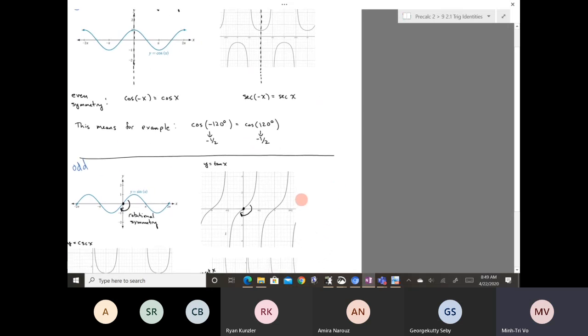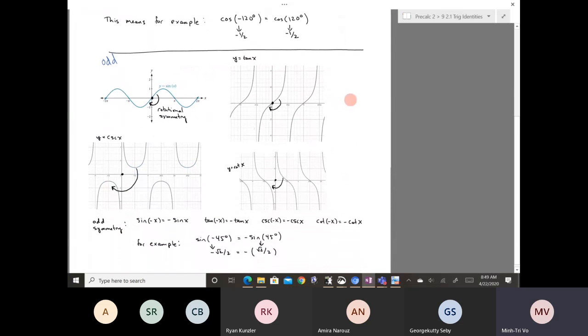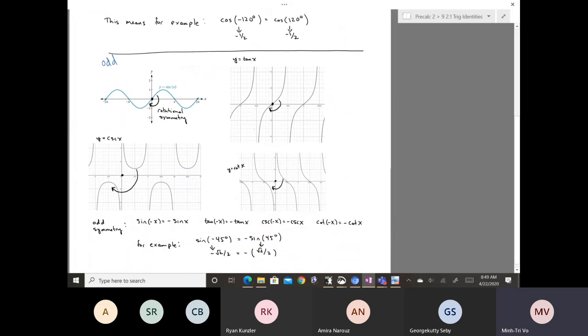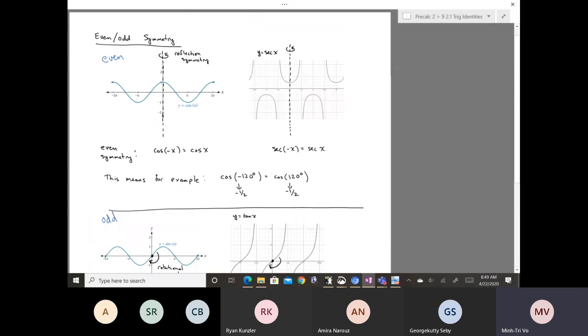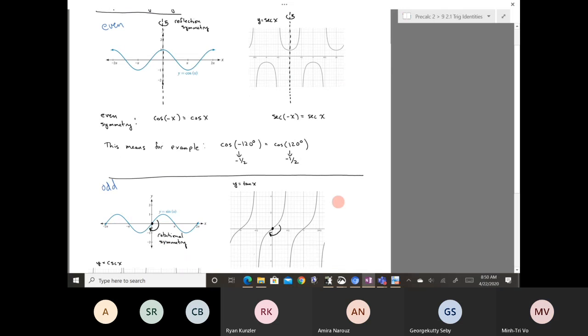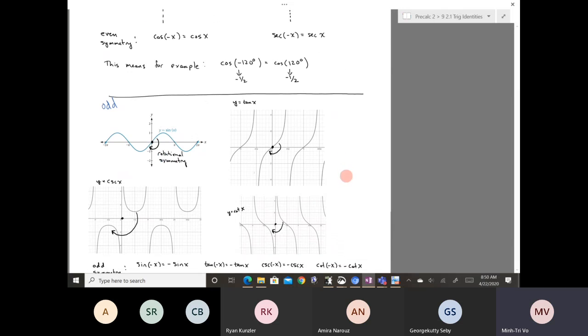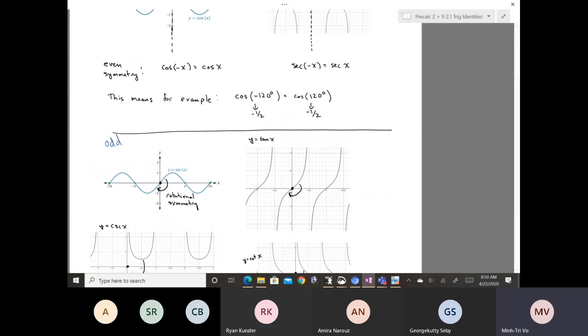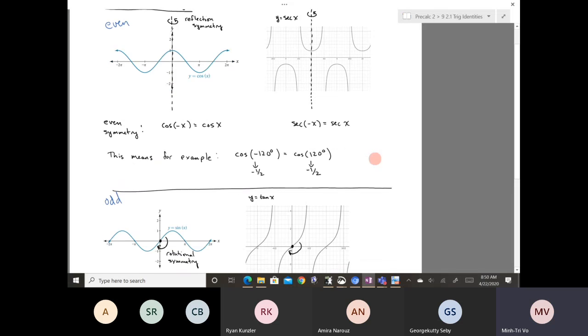Okay, so that's even and odd symmetry. Any questions on even and odd symmetry? Nope. Okay, so at least in terms of this course, we're not going to actually use the even and odd symmetry all that much.